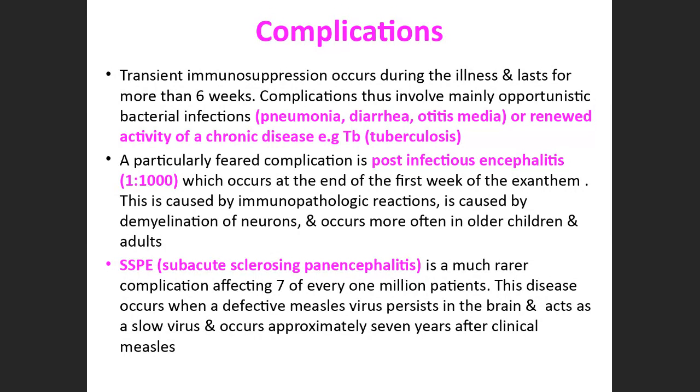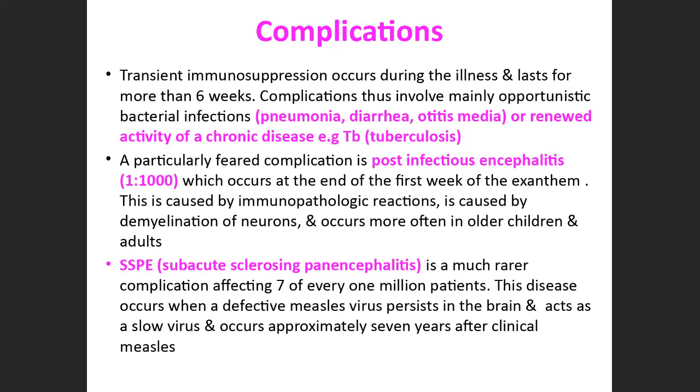This is about post-infectious encephalitis. It is basically caused by an immunopathologic reaction, due to demyelination of neurons, and occurs most often in older children and adults. Talking about another complication, subacute sclerosing panencephalitis.